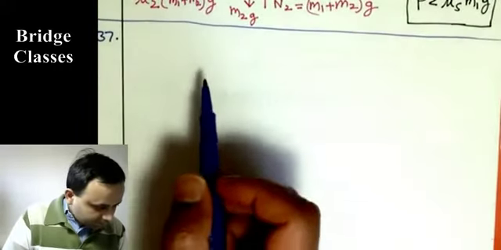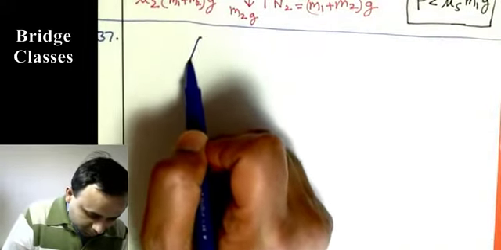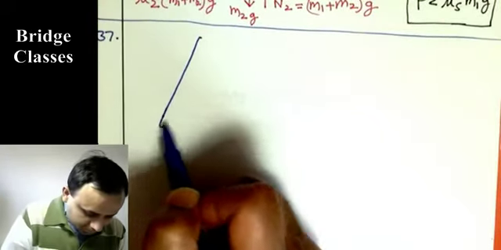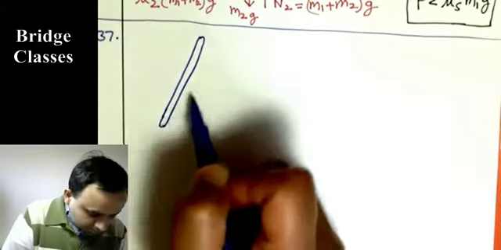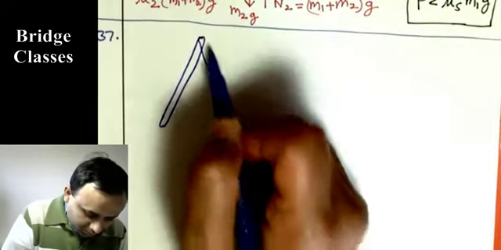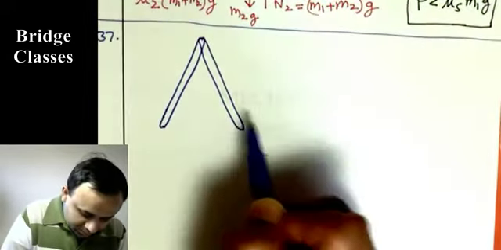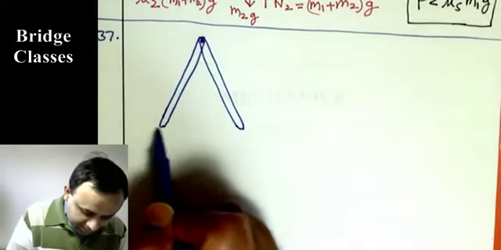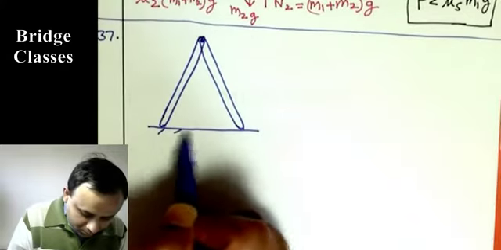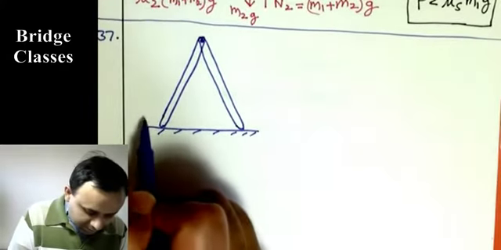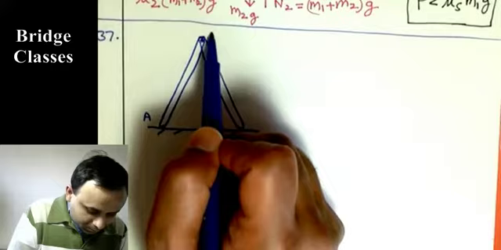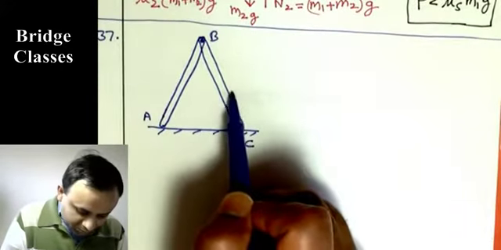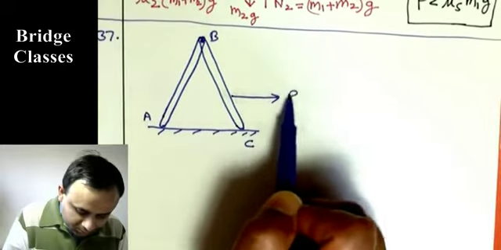Number 37. Okay, so we are given these two links connected by a pin at this point, and they are resting on a surface. So this is A, B, C. All the dimensions are given, and a force P is applied at this point.